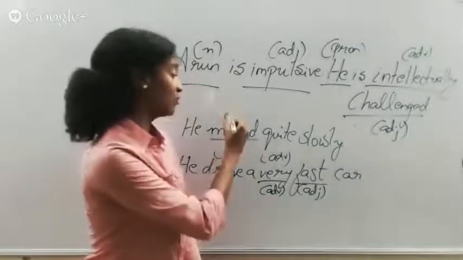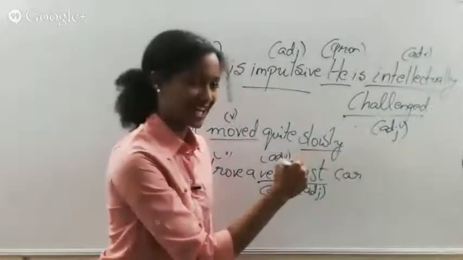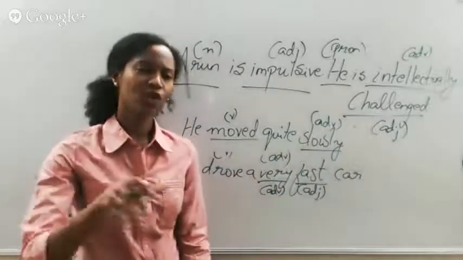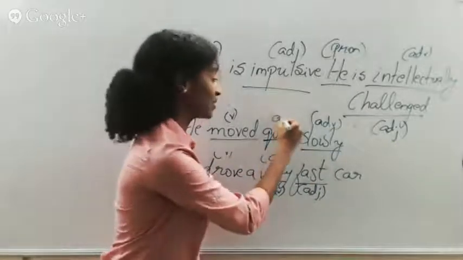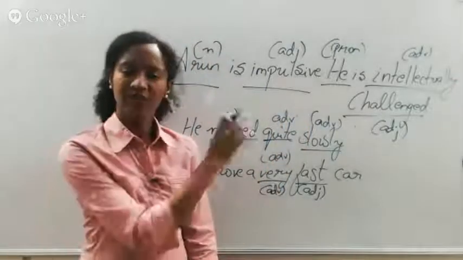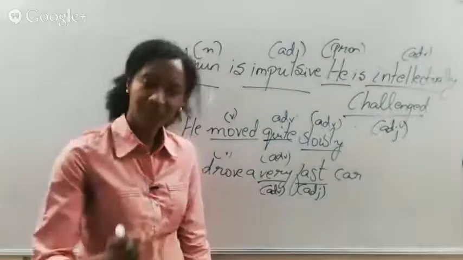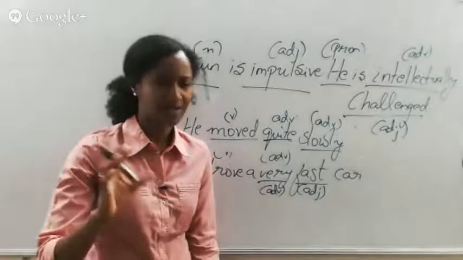Verb. How did he move? Slowly. Adverb. How slowly did he move? Quite slowly. What is this? Another adverb, right? So in our previous sentence, we said the adverb not only modifies a verb, it modifies an adjective as well as another adverb. So we have an understanding of adverb.